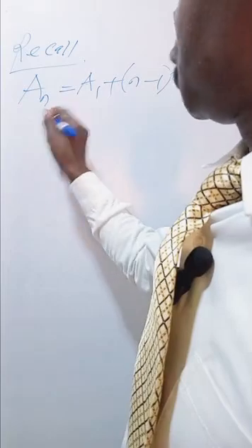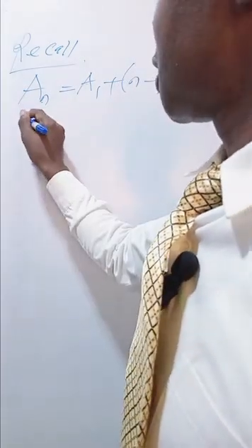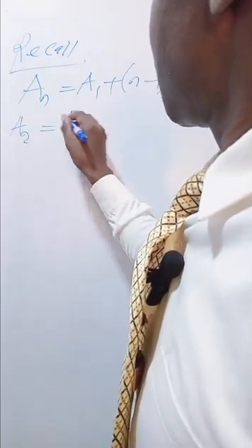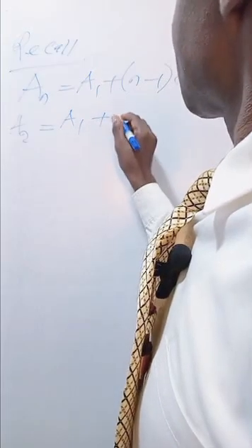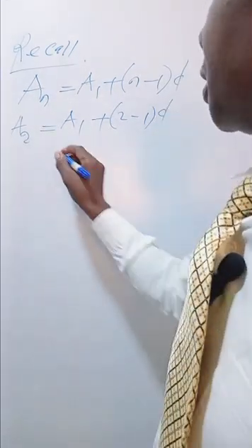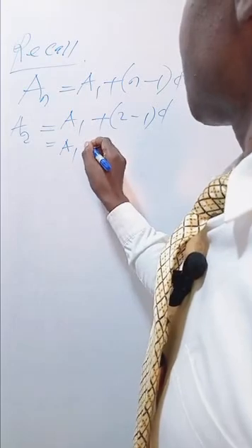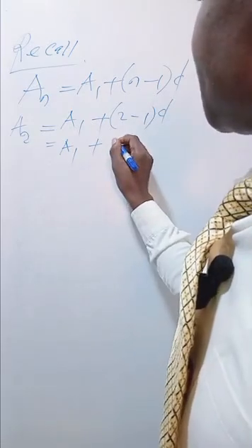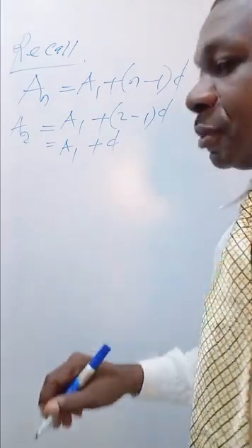So our A2 will be equal to A1 plus 2 minus 1 times D, which gives us A1 plus 1 times D, we get D.